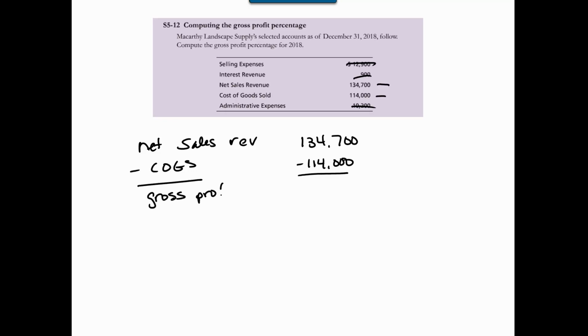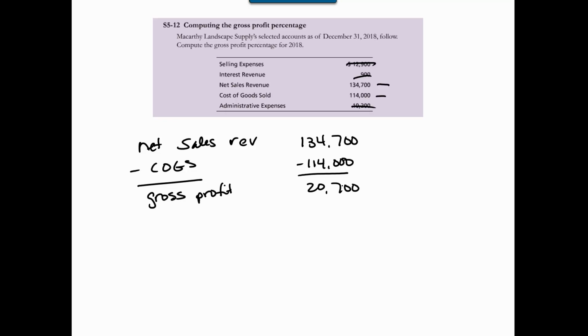So net sales revenue is 134.7 minus cost of goods sold, which is 114, gives us a gross profit of 20,700.